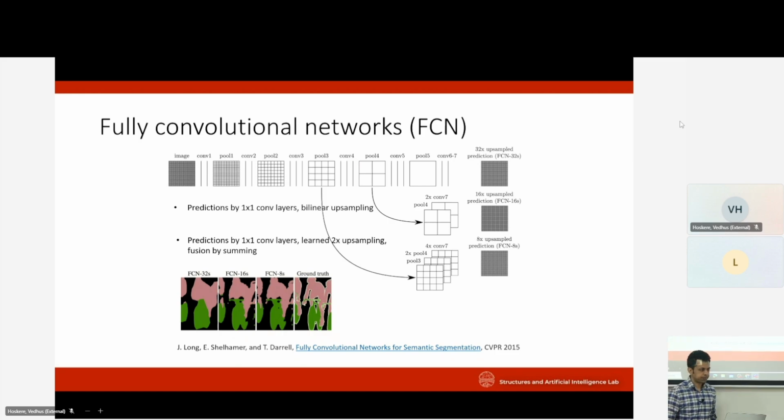Yeah, so it's a lower resolution because you're upsampling 32 times, right? So if you have a very small image and you upsample it 32 times, then it's going to look very blurry, versus if you upsample it 8 times, it's going to look less blurry. And that's kind of what you're seeing here.